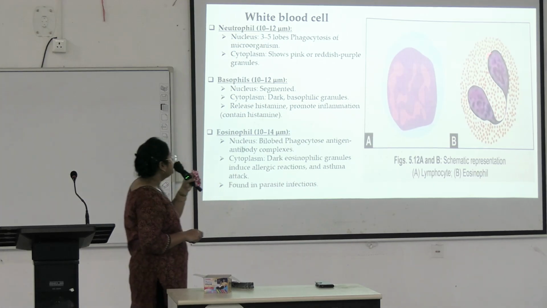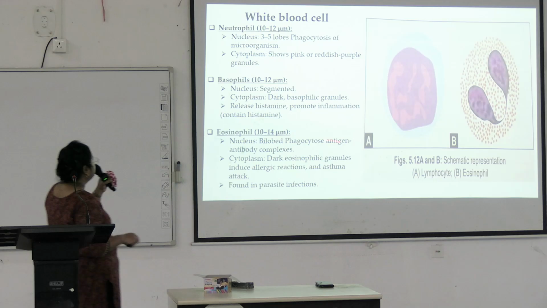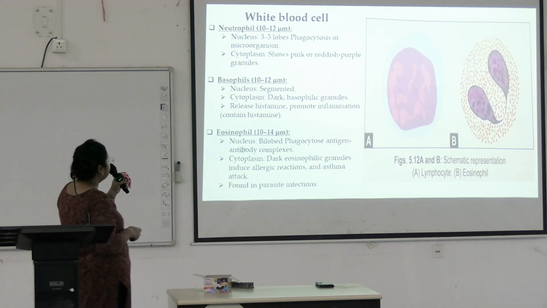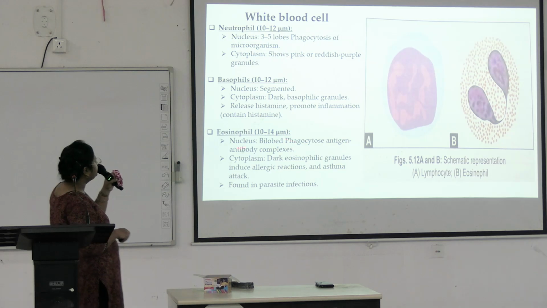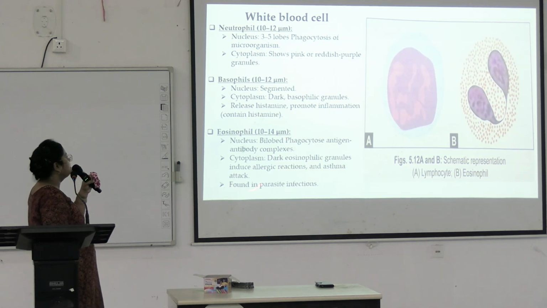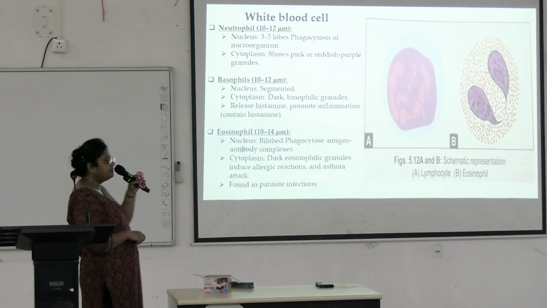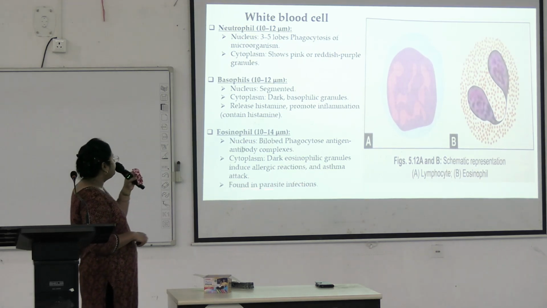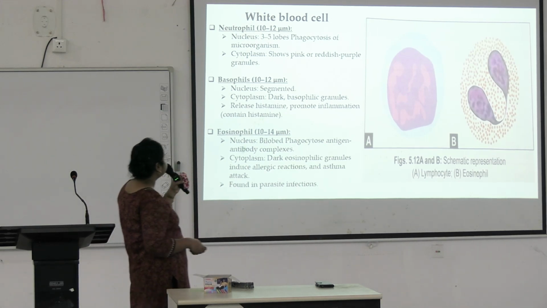The nucleus is bilobed, you can see the nucleus. This is the identification point of eosinophil. Cytoplasm shows dark eosinophilic granules, they induce allergic reactions and asthma attack. They are found in parasite infections. Next.